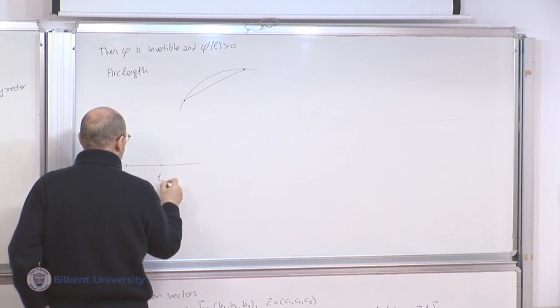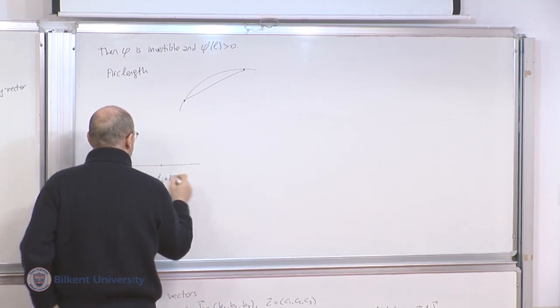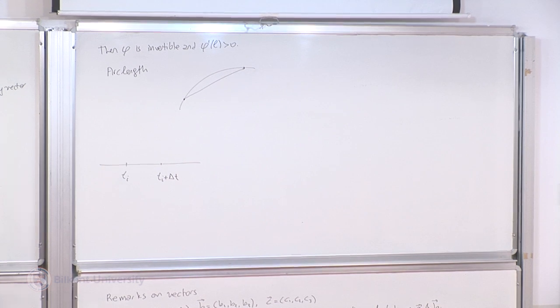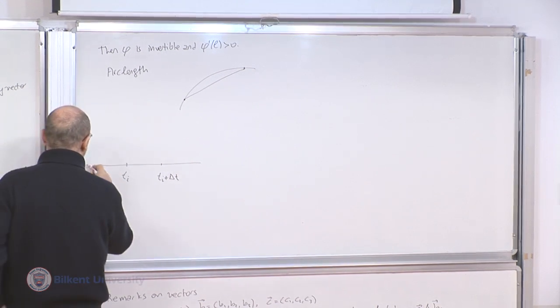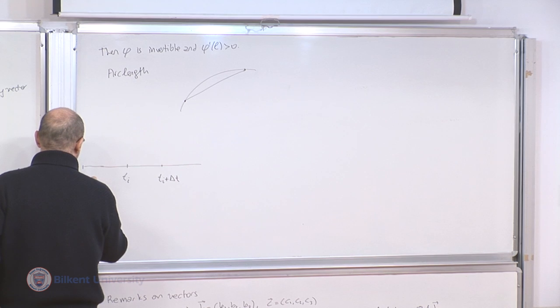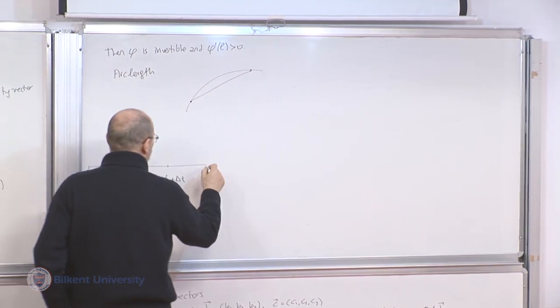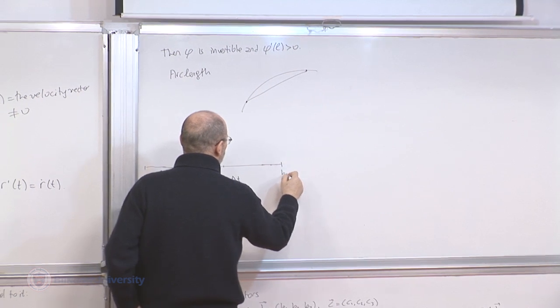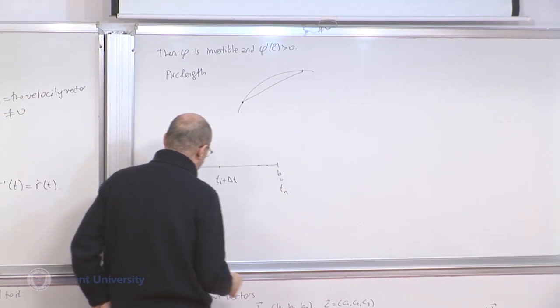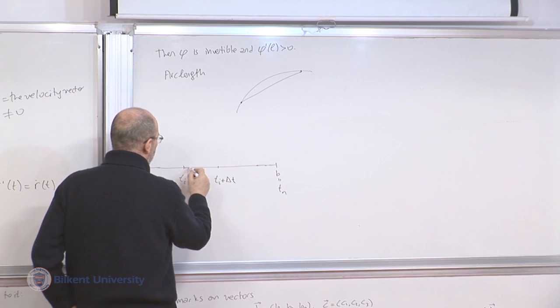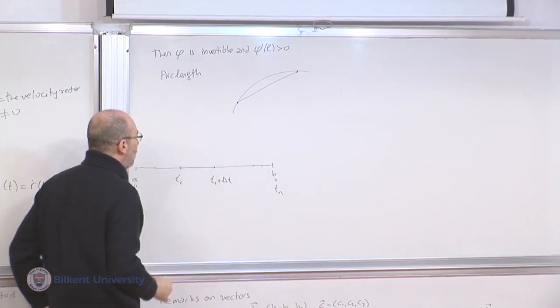But this corresponds now, let's say, to Ti plus delta T. So we divide this into small parts. Somewhere here we have A corresponding to T0. Then if this goes to B here, B corresponds, let's say, to Tn. So this part goes to this part.